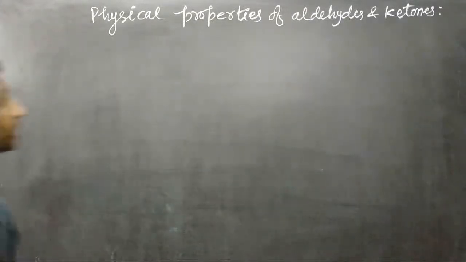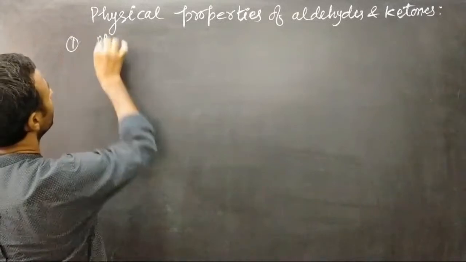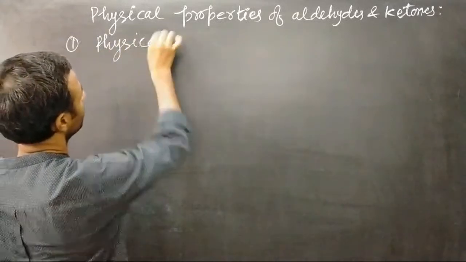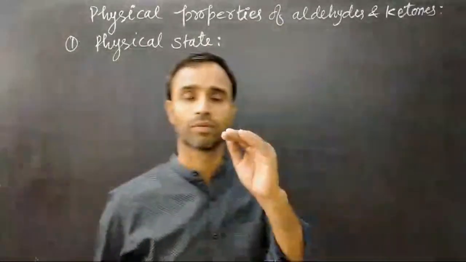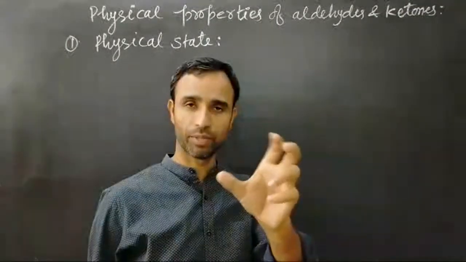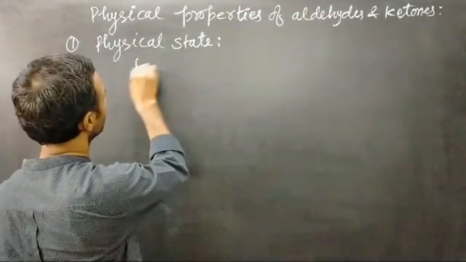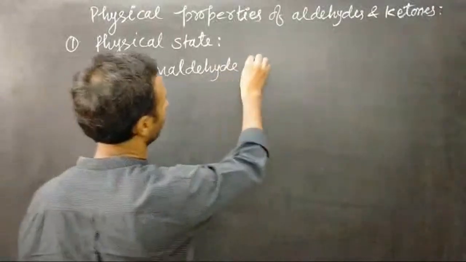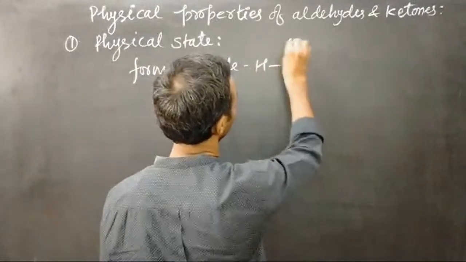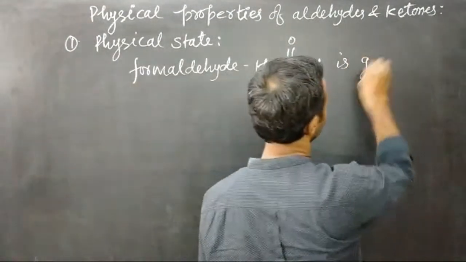Okay, तो physical properties of aldehydes and ketones. So first हम लेते हैं physical state. So tell me, जो lowest member है means first member of aldehyde and ketone, that is formaldehyde, H, C double bond O, H. So formaldehyde is gas.